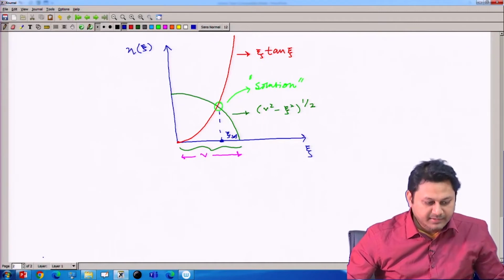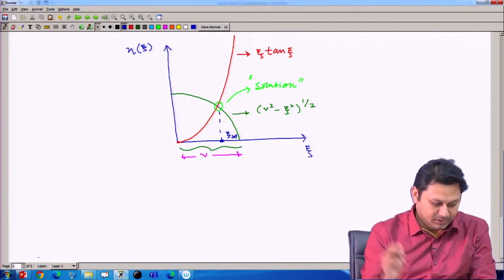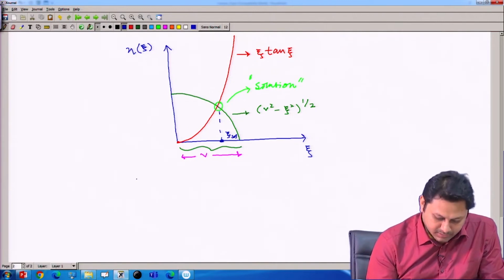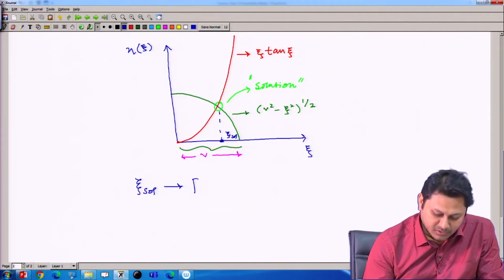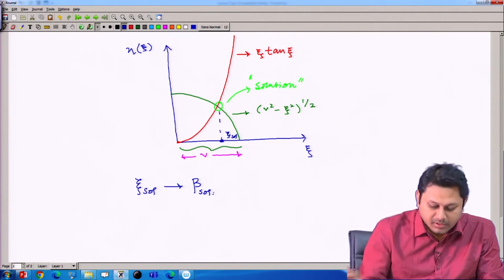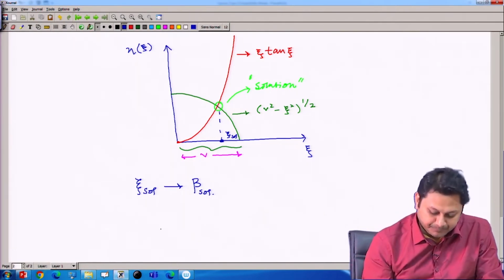Well, if I know the xi solution, then from that I can find out what is the beta, the propagation constant of that mode. So, beta solution I can have, because there is a straight relationship between xi and beta.